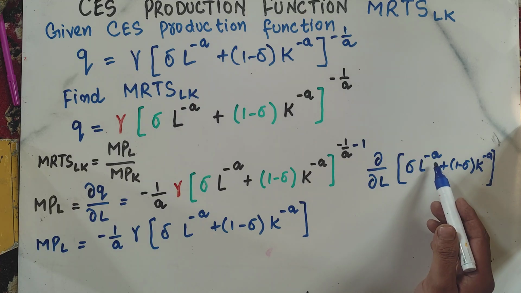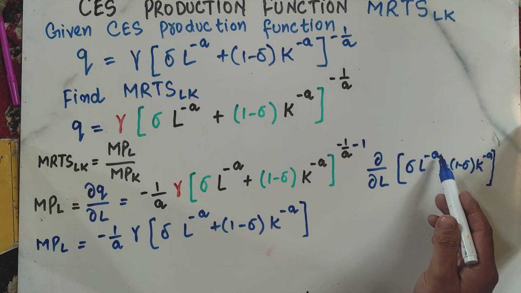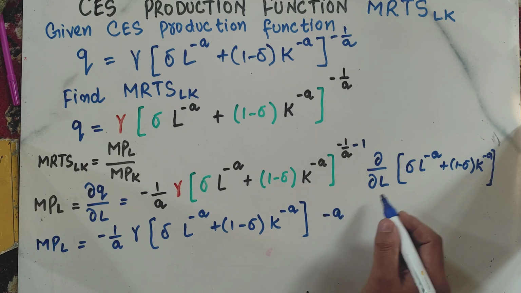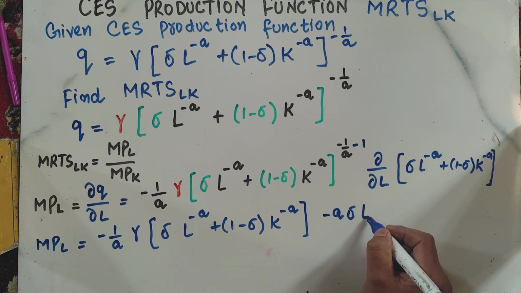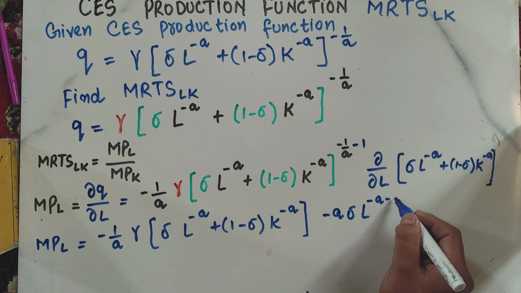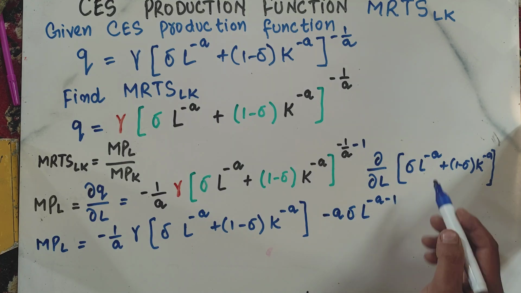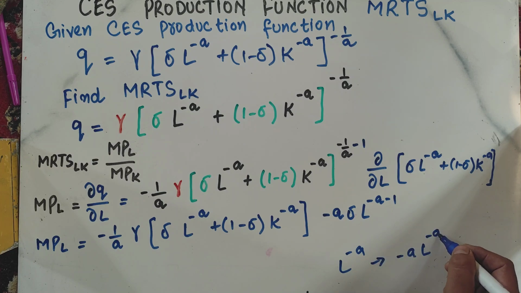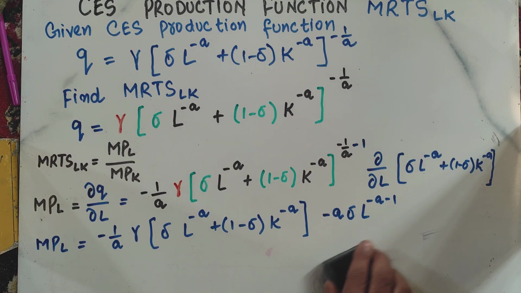What will be the derivative of L here? So the exponent of L becomes coefficient, so we will get here minus A, then we have delta, and the exponent of this will be subtracted by 1. Okay, so since we have L raised power minus A, its derivative will be minus A becomes coefficient and exponent is subtracted by 1. That is what I have done here exactly.